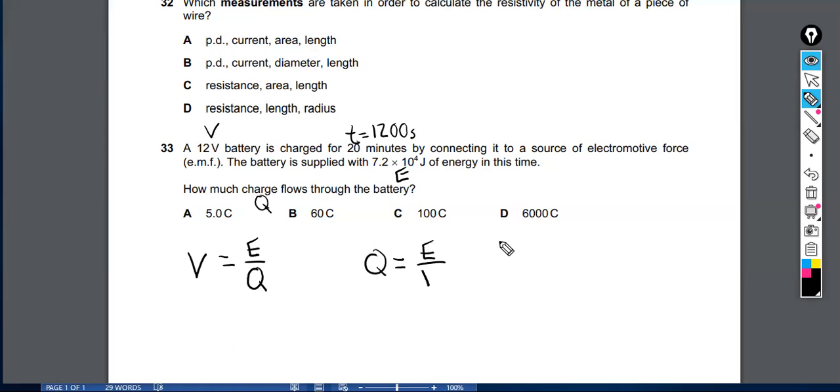Multiply both sides by Q, divide both sides by V. And so we should be able to calculate 7.2 by 10 to the 4 joules over 12 volts to give us the charge. 7.2 by 10 to the 4 divided by 12 gives me 6,000.